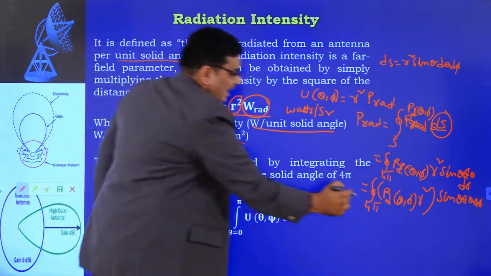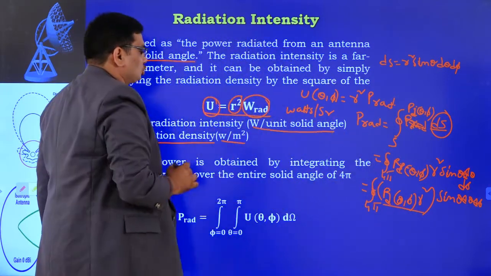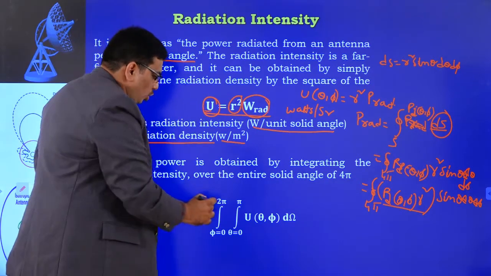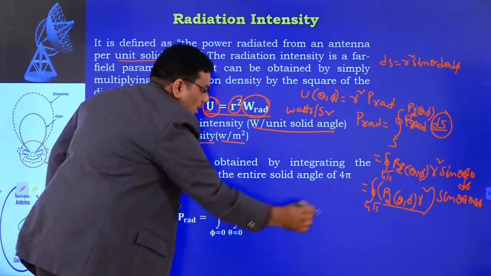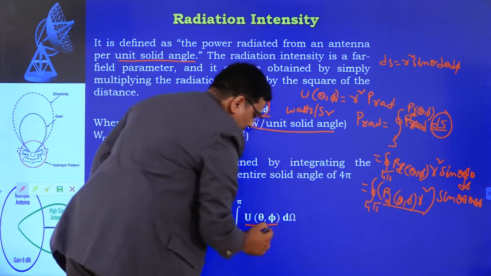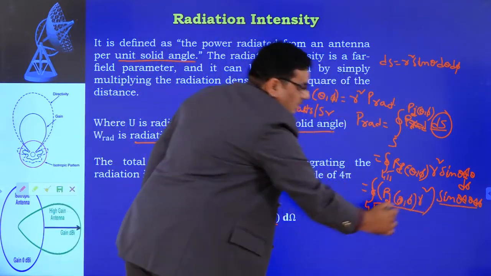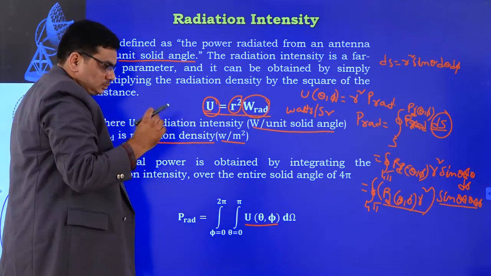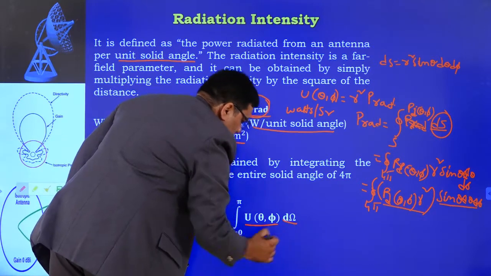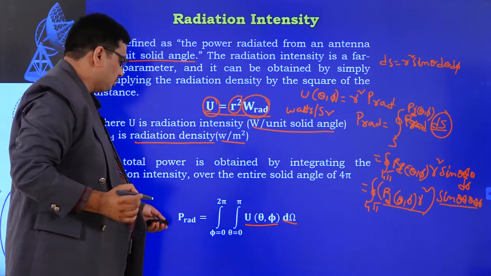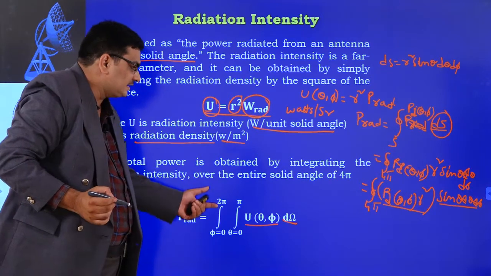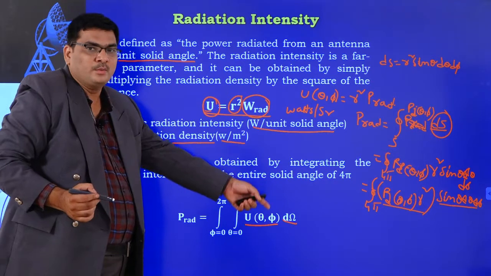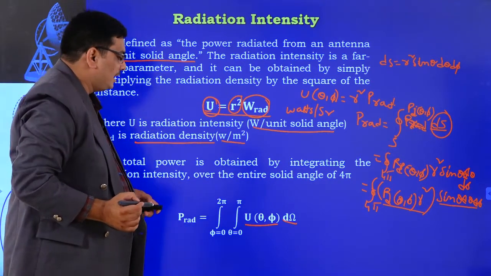We know that r square into power density is the radiation intensity, so radiation intensity is PD of theta comma phi into r square, and sin theta d theta d phi is the small solid angle d omega. So your total radiated power P rad is the surface integral of the radiation intensity over the unit solid angle.